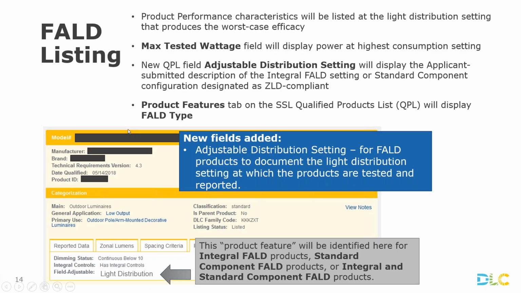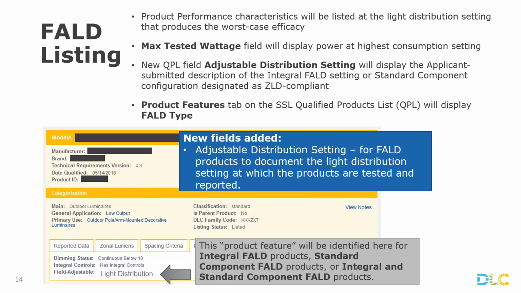This shows how we'll be listing field adjustable light distribution products on the QPL. So to start with, we're keeping to DLC's general principle of considering listings based on their worst case efficacy. So the displayed values on the QPL for light output, efficacy, and wattage will be those at the distribution setting that corresponds to worst case efficacy.